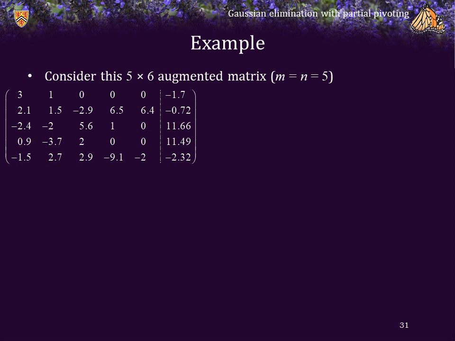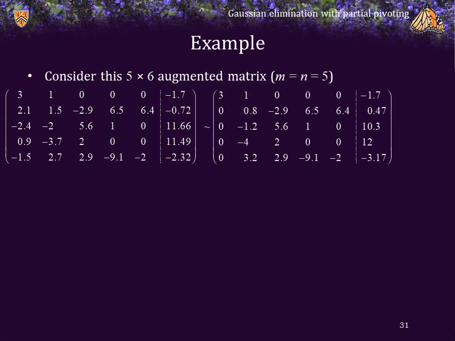So for example, we will add negative 0.7 times row 1 onto row 2, positive 0.8 times row 1 onto row 3, negative 0.3 times row 1 onto row 4, and positive 0.5 times row 1 onto row 5. So that eliminates all those leading entries below that 3.